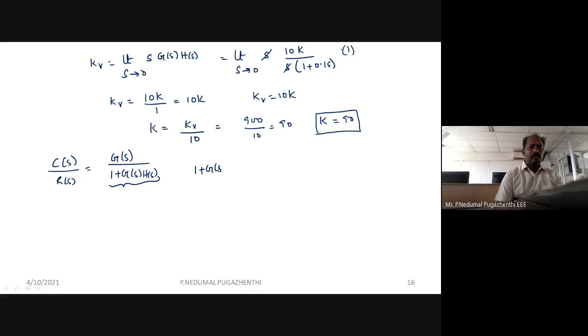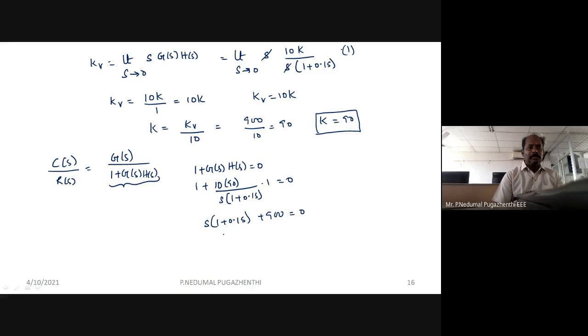So I will take 1 plus G of s H of s is equal to 0. If I substitute that, I will get 10 into 90 divided by s into 1 plus 0.1 s is equal to 0. If I take LCM and multiply, I will get s into 1 plus 0.1 s plus 900 is equal to 0.